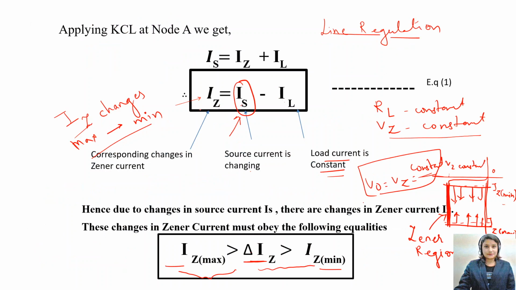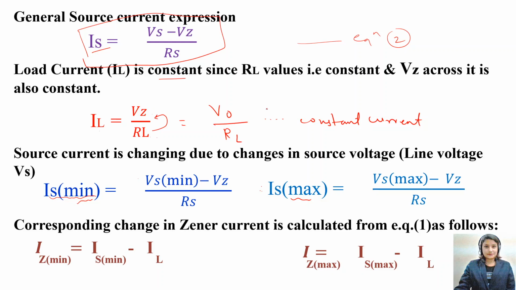In equation 1 we know the Zener current is the difference between the source current and the load current. Your source current is changing, therefore the Zener current will also change. Here the Zener current is directly proportional to the source current because IL, the load current, is constant.